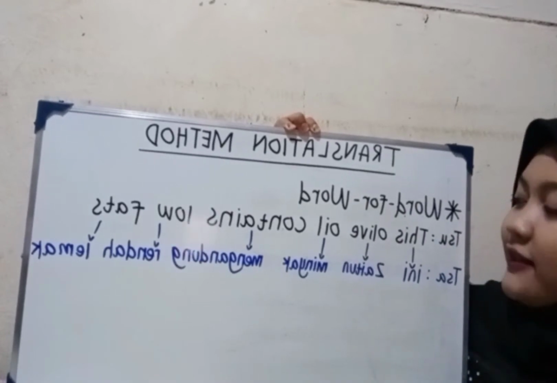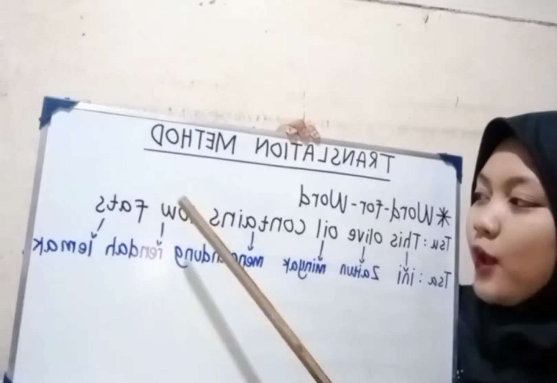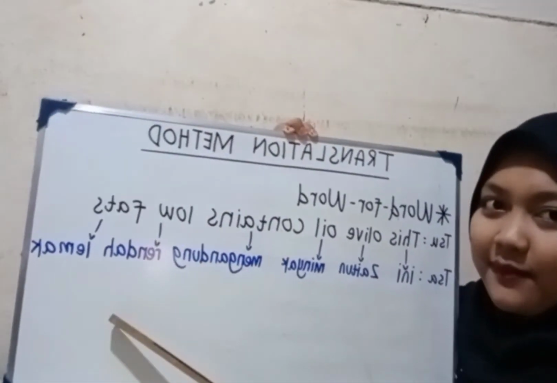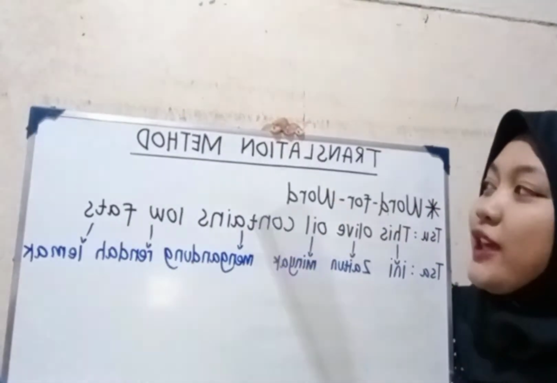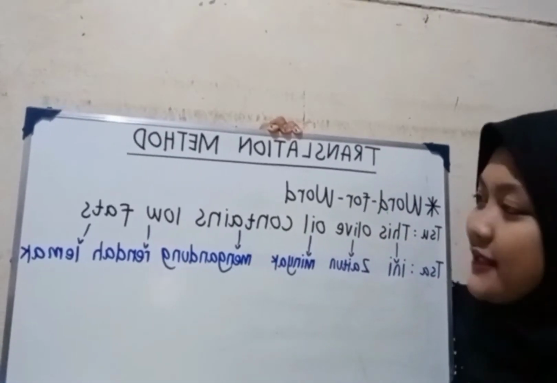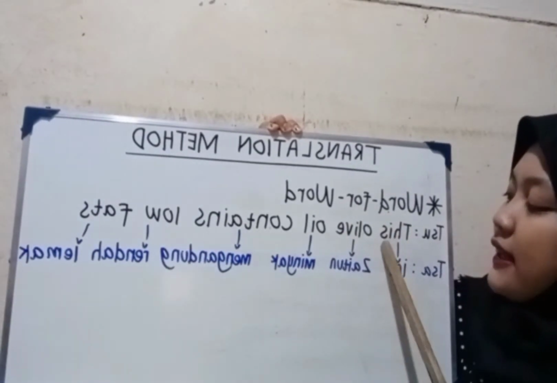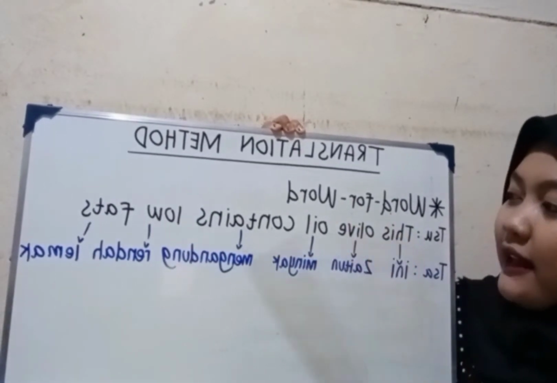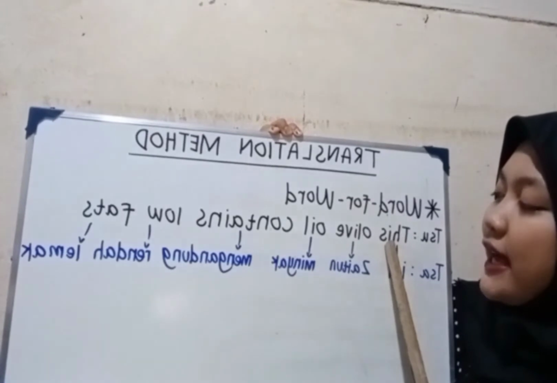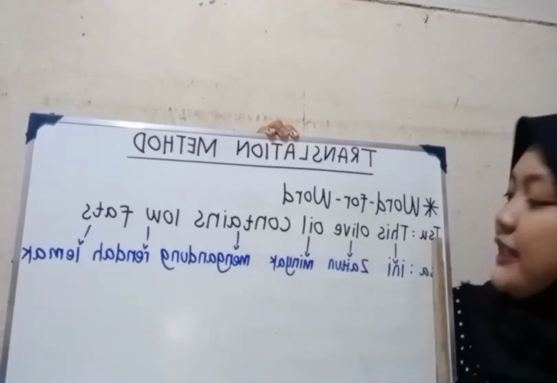I repeat again. This olive oil contains low fats. Because we use word-for-word translation method, so kita tinggal menurunkan artinya di bawah kata-katanya sesuai dengan bunyi kata per kata yang ada di teks sumber.